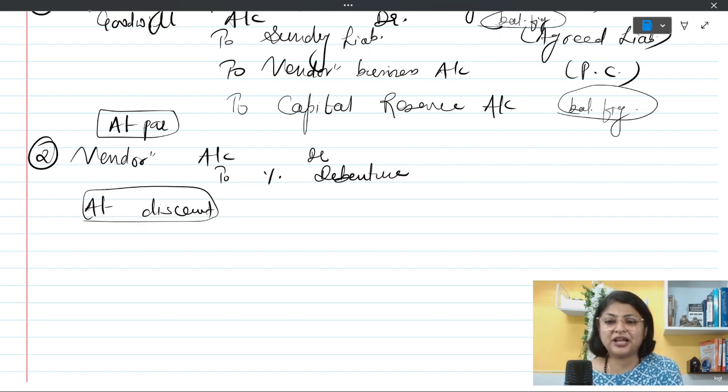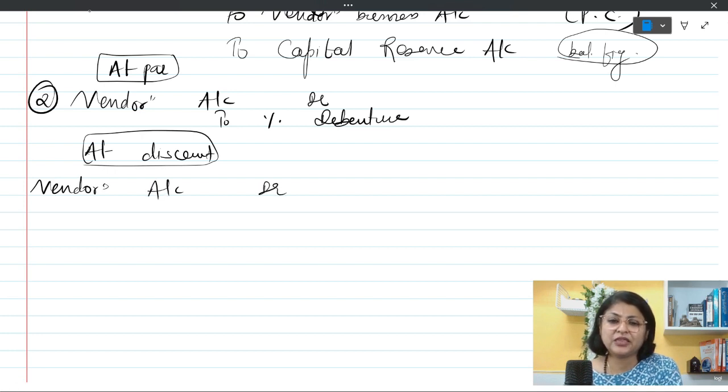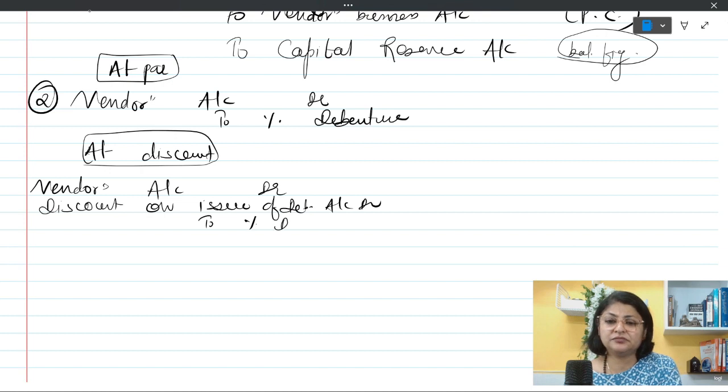So I'm going to write over here vendors account debit, discount on issue of debenture account debit, to percentage debenture.